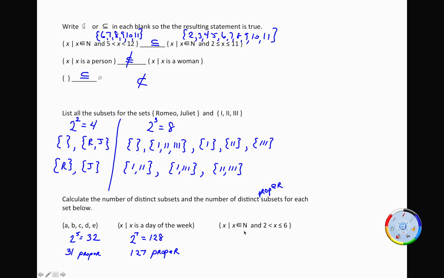Okay, if I were to list this set in roster form, I would not include the 2, but I would include the 6, telling me there are 4 elements in the set. So 2 to the 4th is 16, meaning 16 subsets, and 16 minus 1, 15 proper subsets.